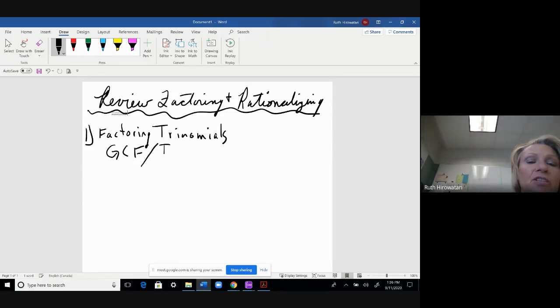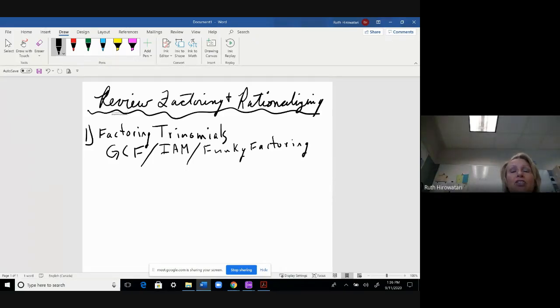Then, the terminology I think I used with you last year, the leading coefficient is 1: what adds to the middle term and multiplies to the last term. And if that doesn't work, we do what we nicknamed funky factoring: pull that leading coefficient out, multiply it by your last term, try to factor, and then bring it back. We'll talk about that in a moment.